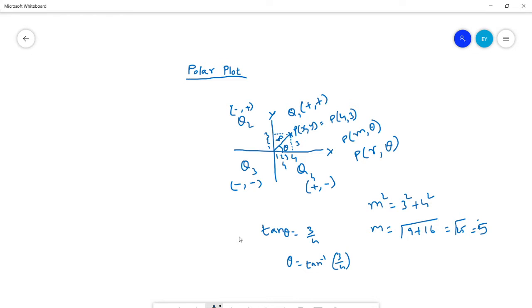So similar to that, in the polar plot also we'll be computing the gain crossover frequency and phase crossover frequency, from which we get the phase margin and gain margin, and if the phase margin and gain margin of the system are positive, then the system is said to be a stable system.